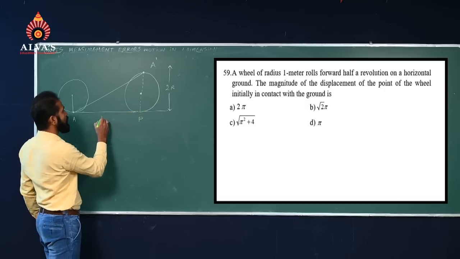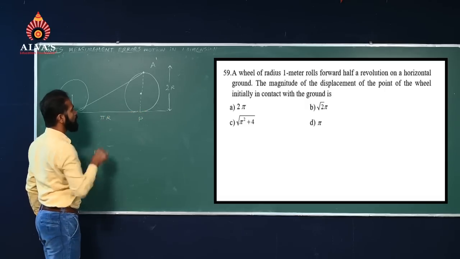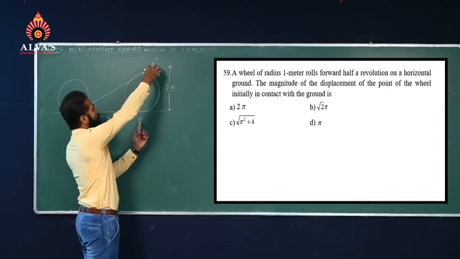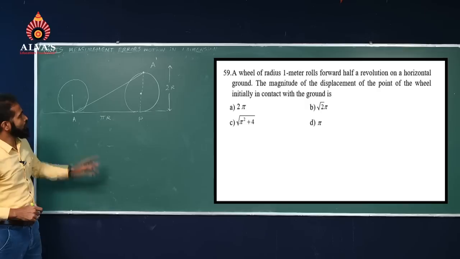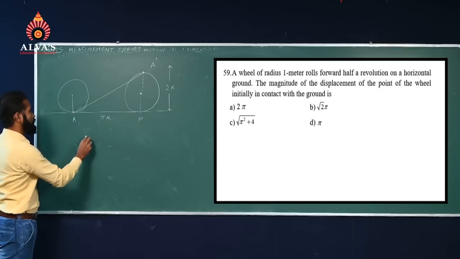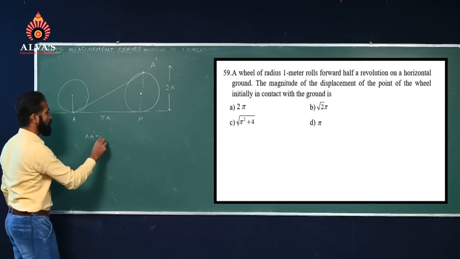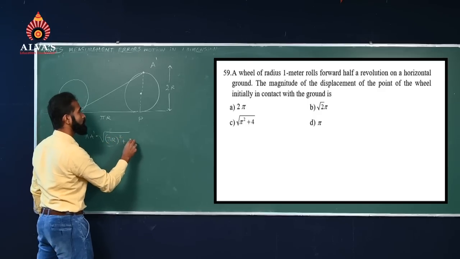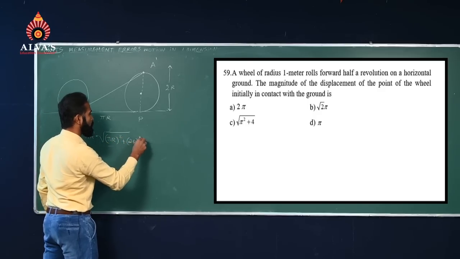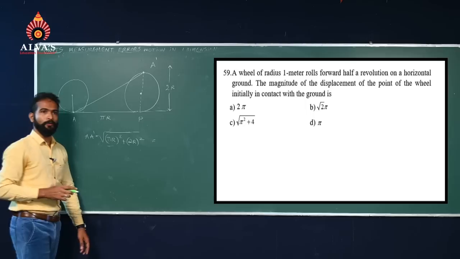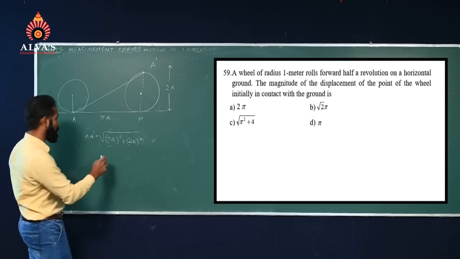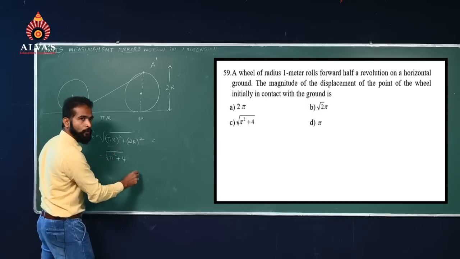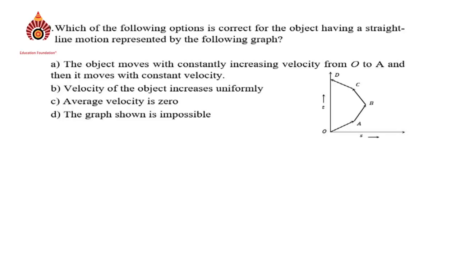So half of the circumference means it is 2 pi r by 2, or it is only pi r. So now we have the length AP, we know P to A dash. Use the Pythagoras theorem, A to A dash will be root of pi r the whole square plus 2r the whole square. But since in the question radius is given as 1 meter, we are going to get only root of pi square plus 4. Option C.